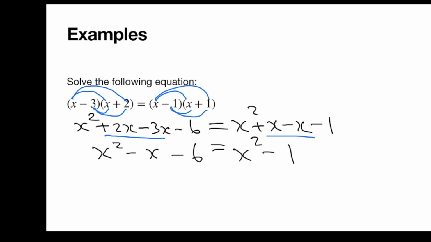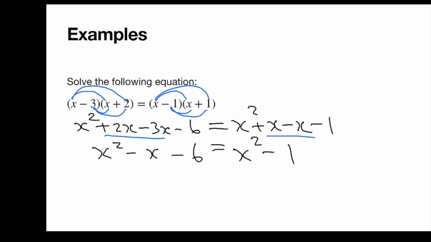Right. And now we need to collect like terms, but in this case you will realize we have three different terms. We have terms in x squared, we have terms in x, and constant terms. So there are three different types of terms. But if you look carefully, there is x squared on the left-hand side, and there is x squared on the right-hand side.